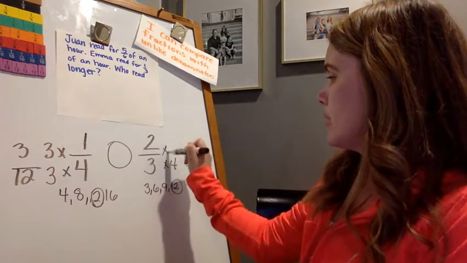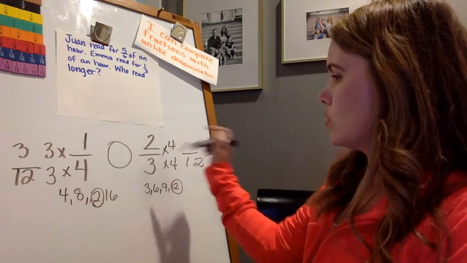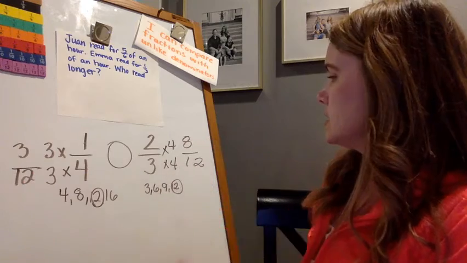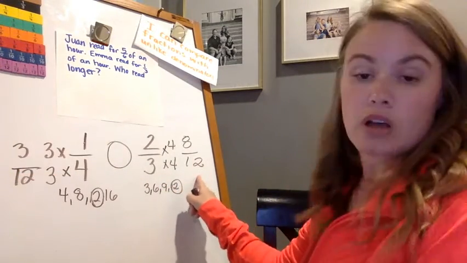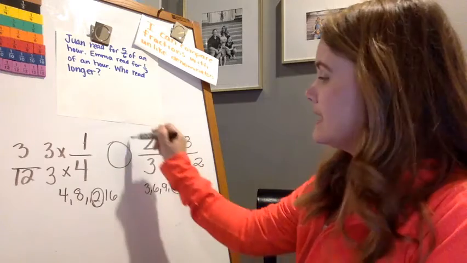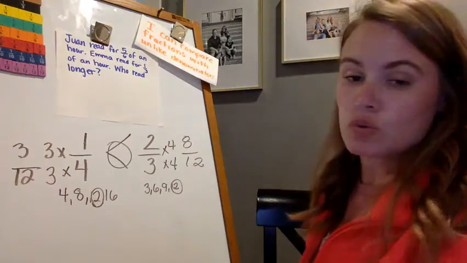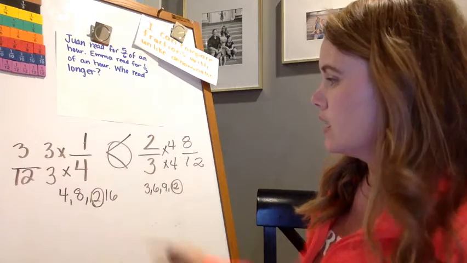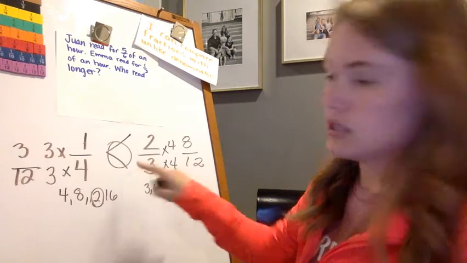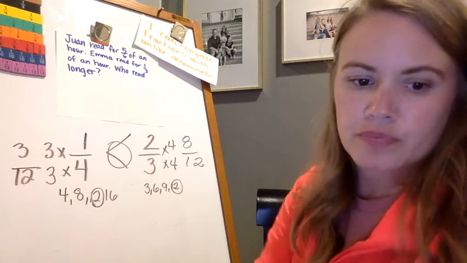And whatever I do to the bottom, I do to the top. 2 times 4 is 8. So 8/12. So I'm comparing 3/12 to 8/12, and I know that 3/12 is less than 8/12. All right, so 1/4 is less than 2/3.